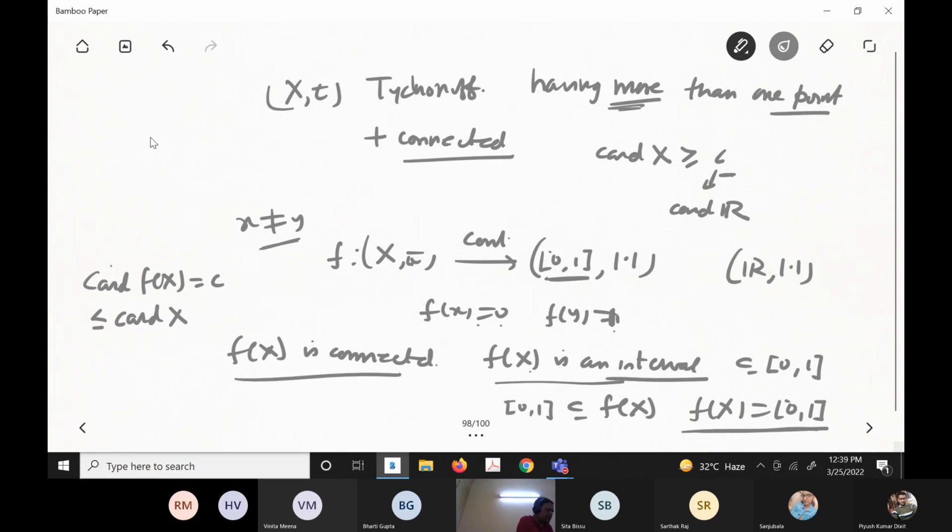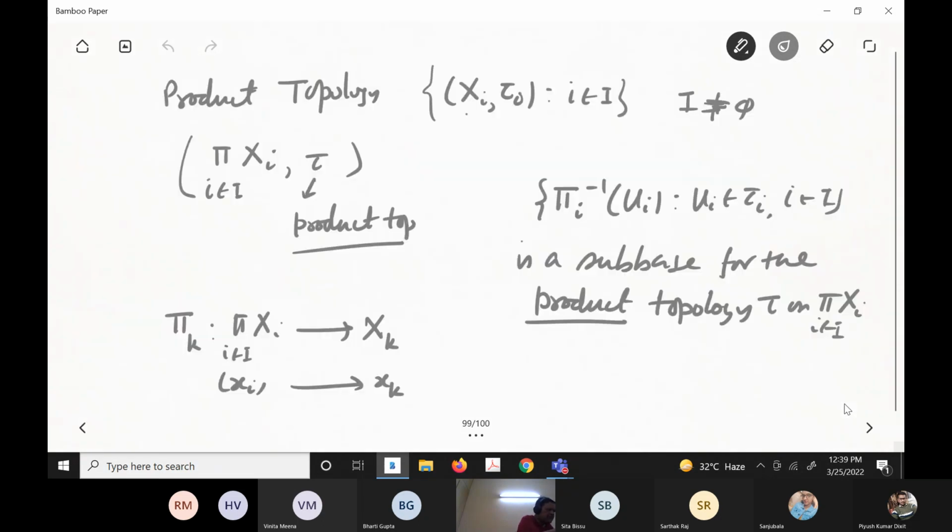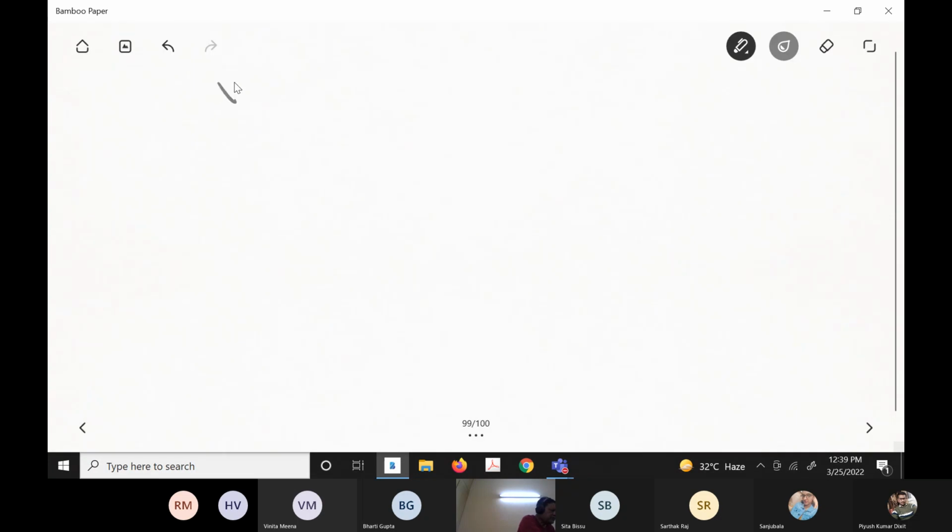A metric space is Tychonoff, so for a metric space you could prove this directly, without reference to such functions. Usually some exams give this. If you have a metric space having more than one point, that is, you have 2 points, then you can have this function.